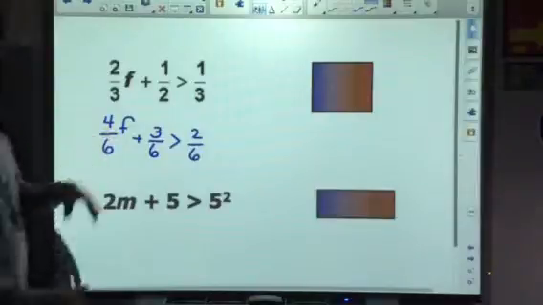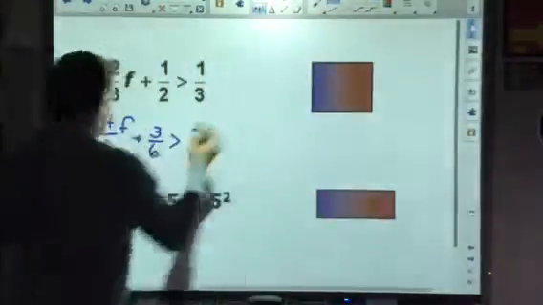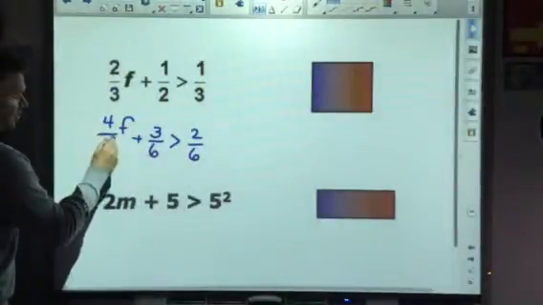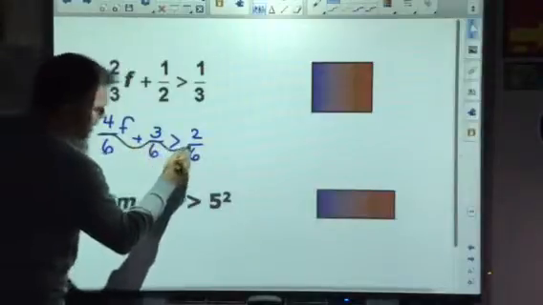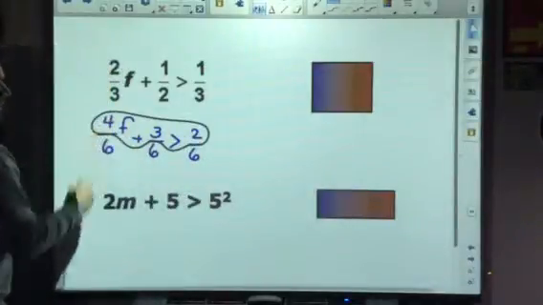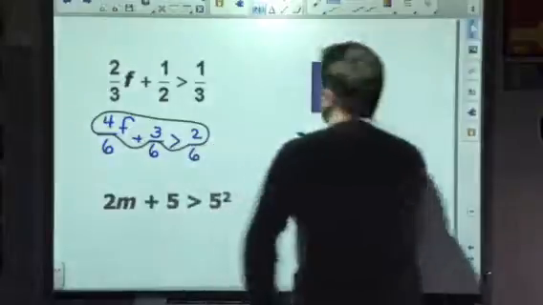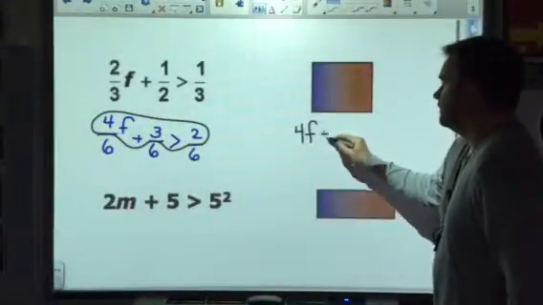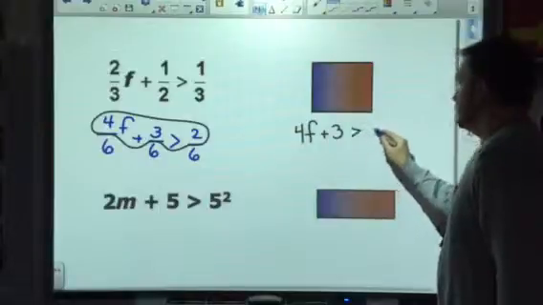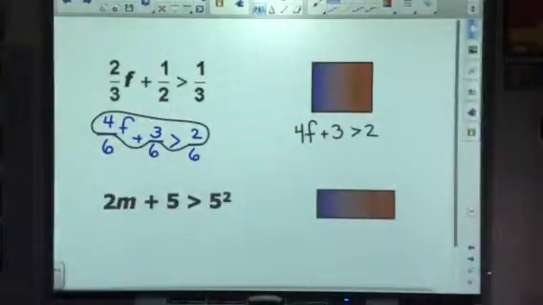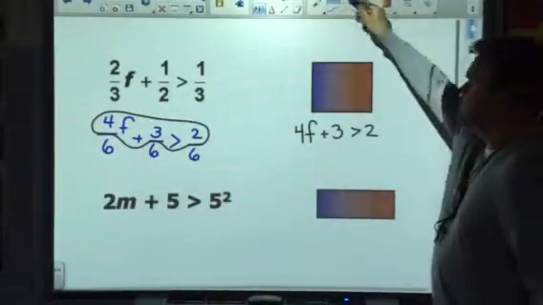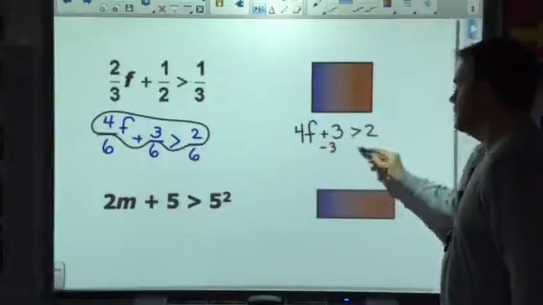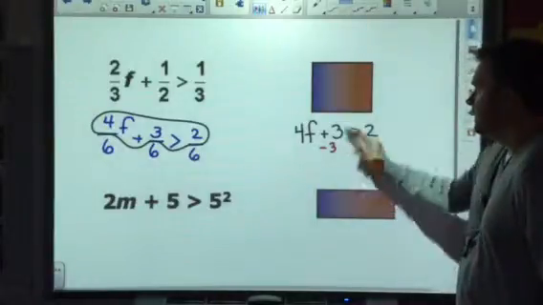Okay, now that we have the common denominator all the way across, all we need to do is focus on just the top part. Forget about the denominator right now. Take that top portion and rewrite it, then solve it. So we're going to subtract 3 on both sides.